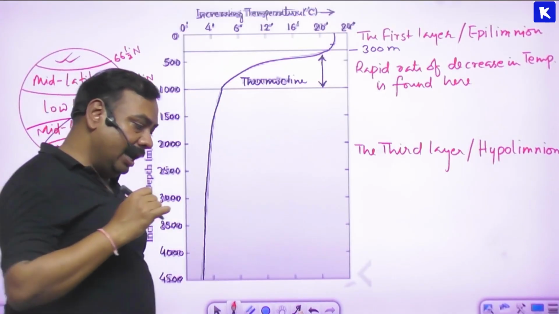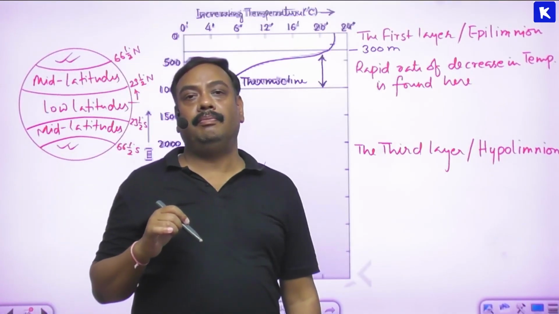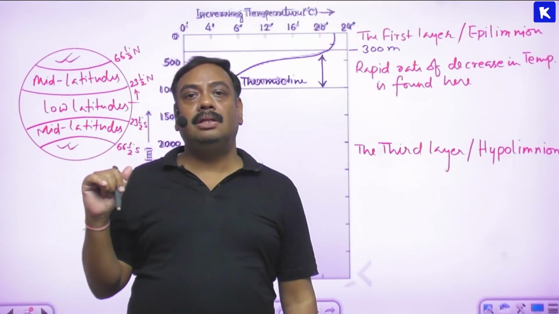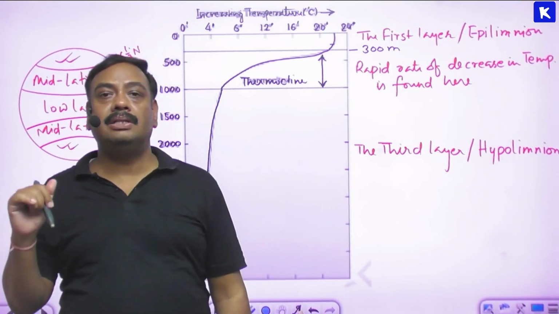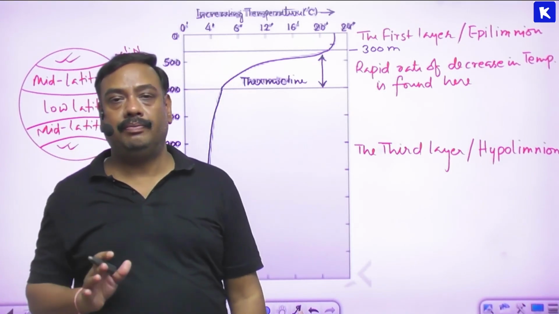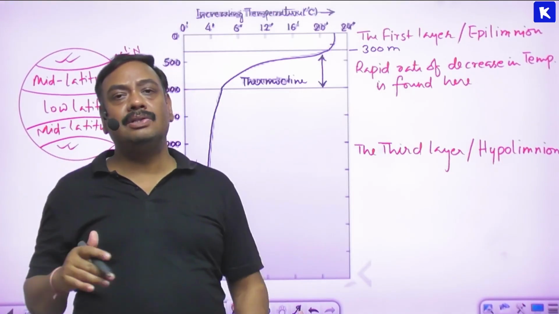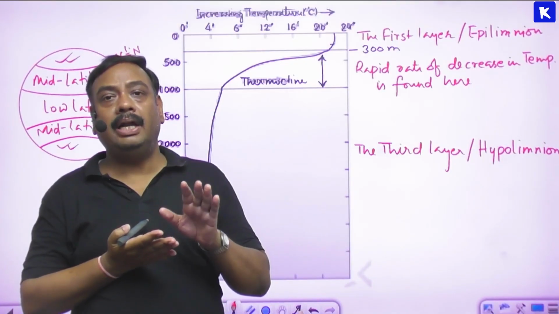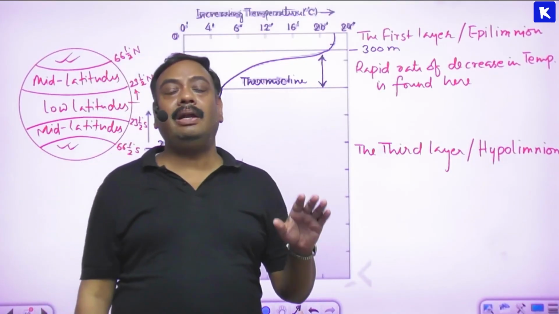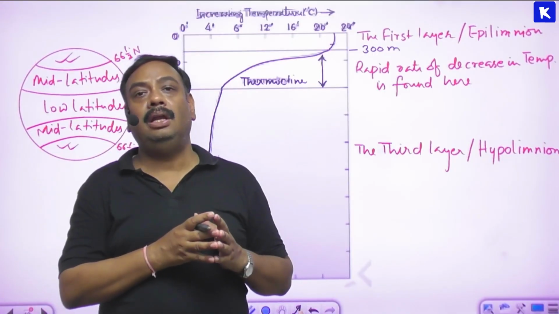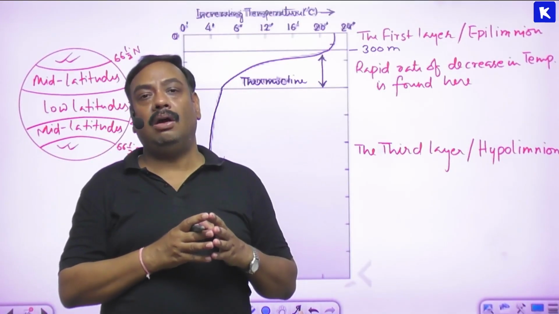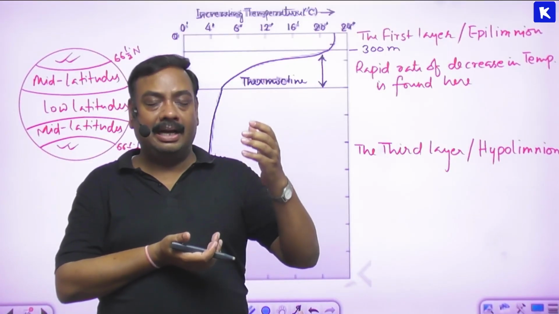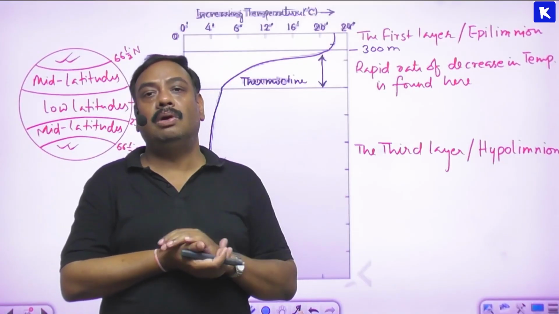I hope you remember that the frigid zone is the zone for which the incident solar radiations are always oblique. Too much oblique. The angle is very small. Got it? So this region is not getting enough heat energy, and the temperature at the surface of the ocean water is not enough to get transmitted towards the bottom.